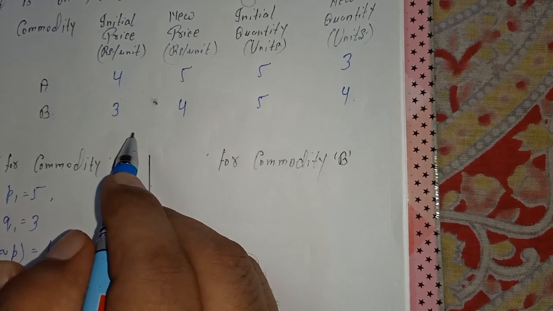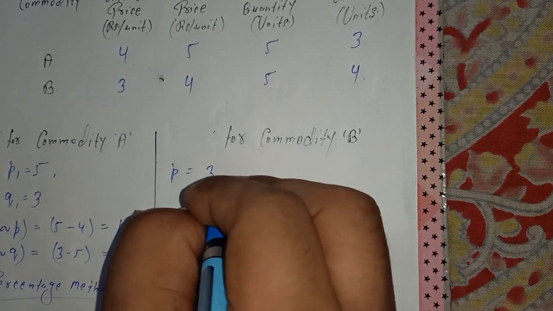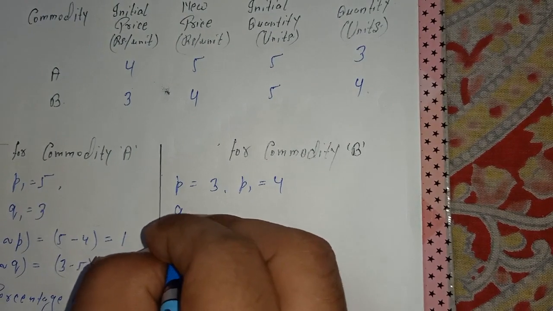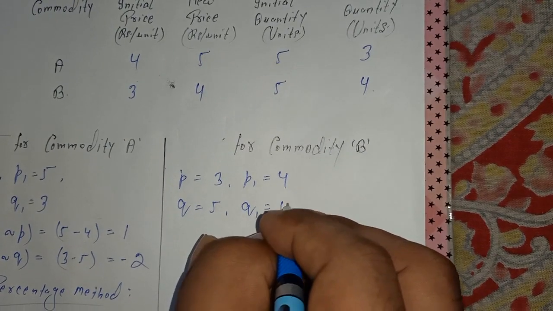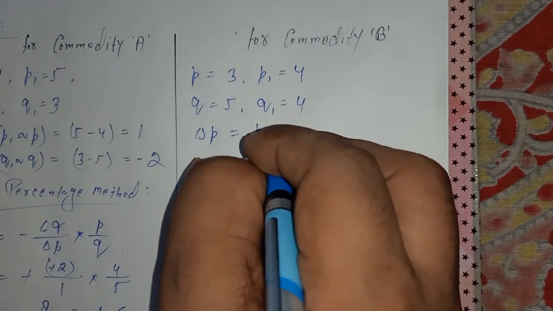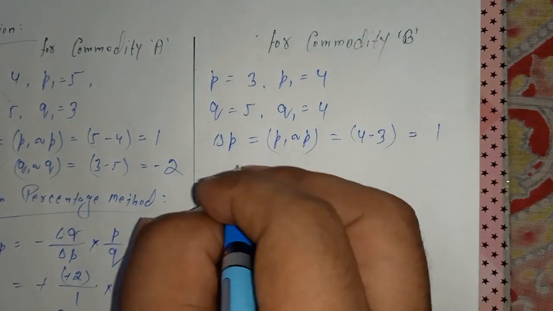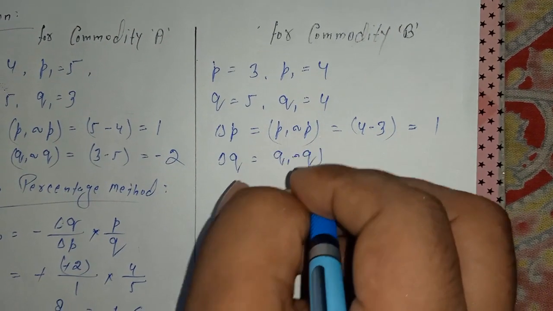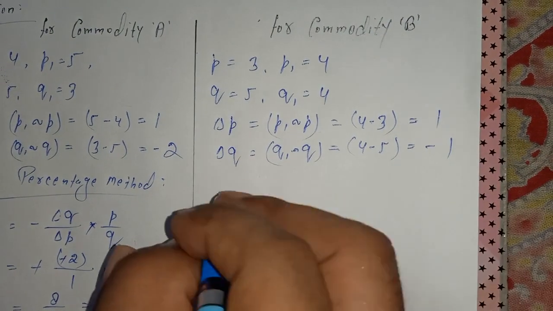Now come to commodity B. Look here in the example for commodity B. P is equal to 3, P1 is equal to 4, Q is equal to 5 and Q1 is equal to 4. Delta P, P1 minus P, that is 4 minus 3 is equal to 1. Delta Q is equal to Q1 minus Q, 4 minus 5, minus 1.